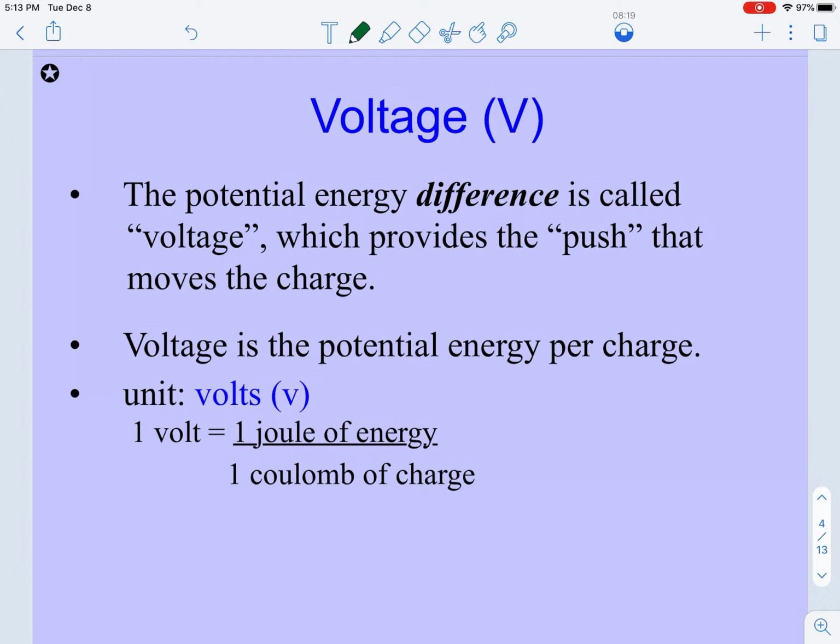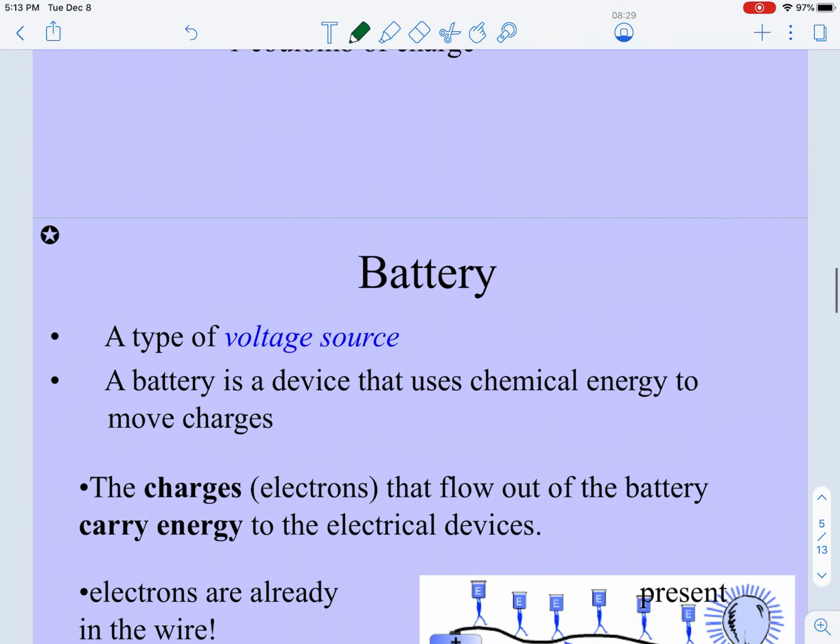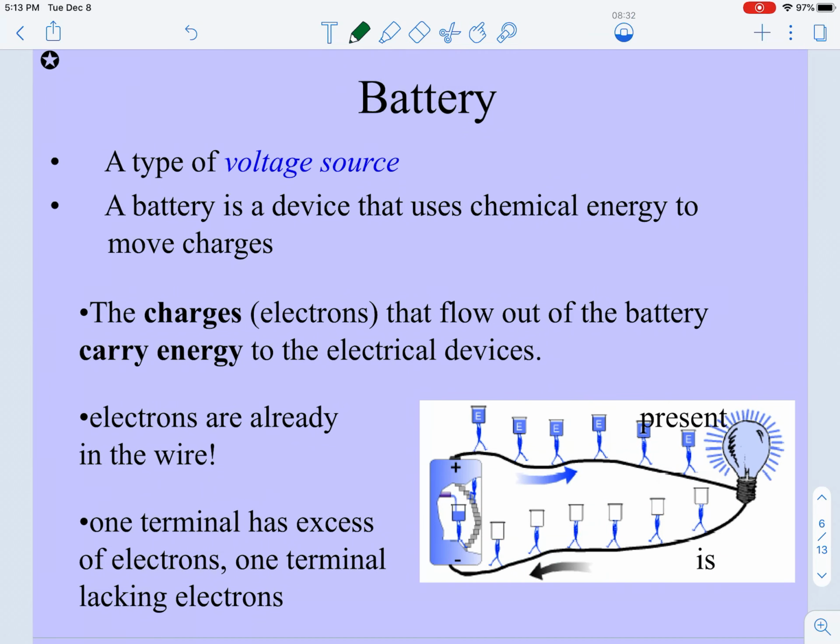So voltage is a value that represents a ratio that tells us how much energy is available per coulomb of charge. We are going to measure it in volts, but a volt would be joules per coulomb, okay? How much energy per coulomb of charge.